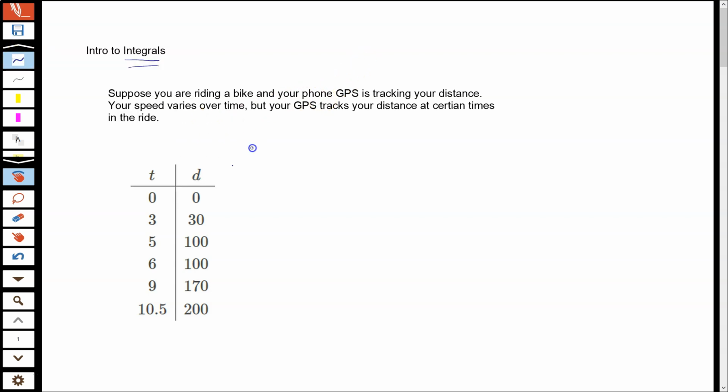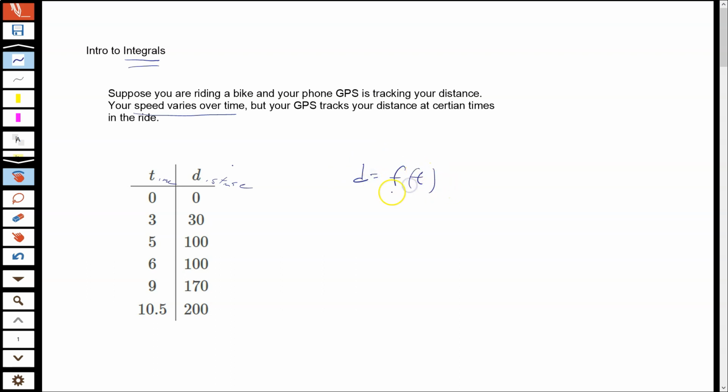And it says your speed varies over time, right? So you're not traveling at exactly the same rate, but your GPS is going to track that distance. So what we have here is time and distance, and we would assume that distance is some function of time, right?